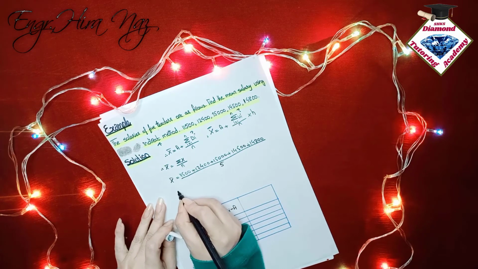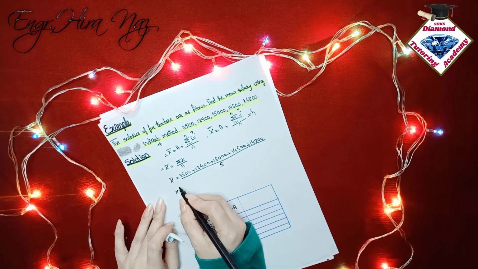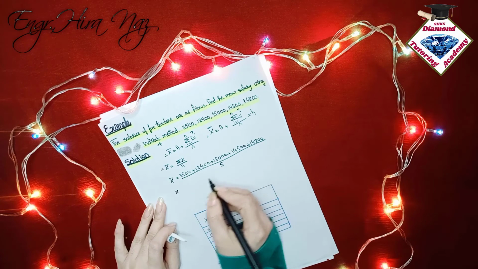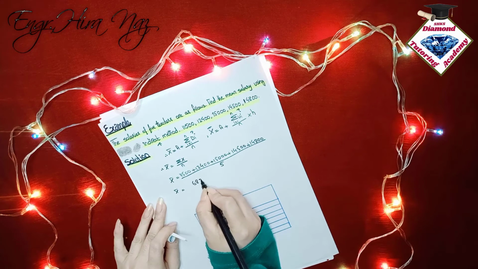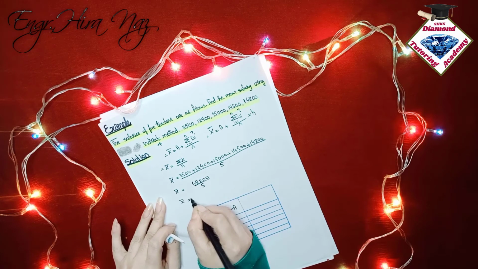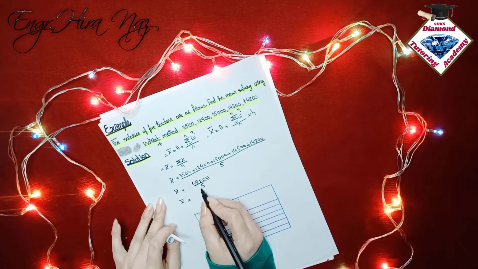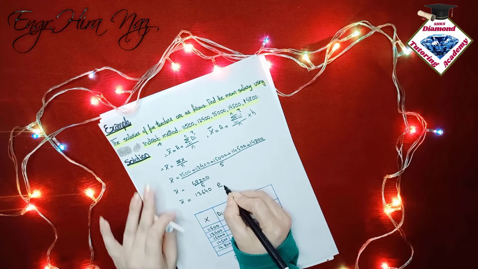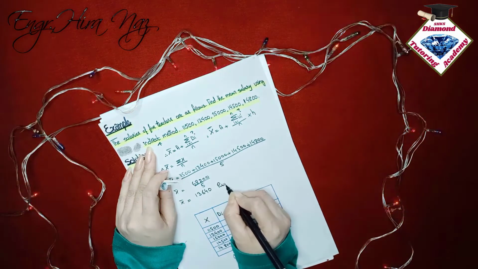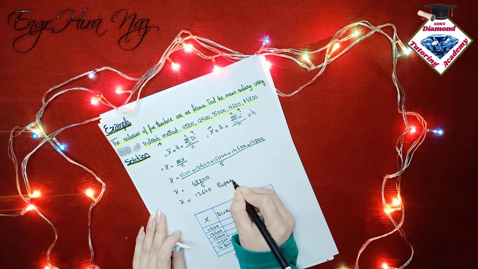So number of observations are here in this case 5. So by adding them all, and then at the end by dividing them both, we'll get 13640. When we're talking about their salaries, so this is in rupees.